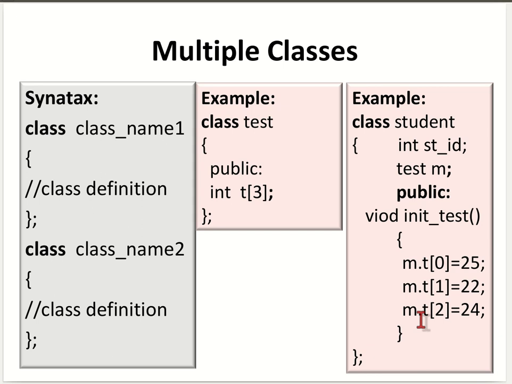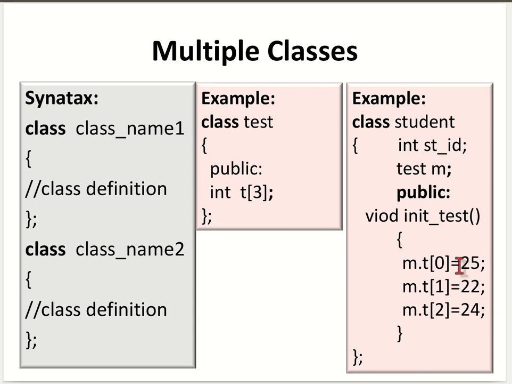It is already containing one private object m, which is of type test, and in that test, m.t[0] is initialized with 25, m.t[1] is initialized with 22, m.t[2] will be initialized with 24.